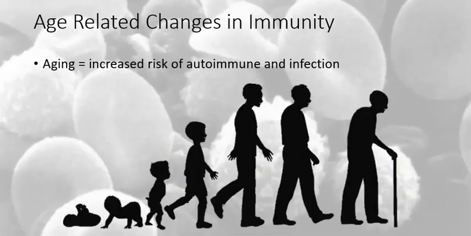Now let's talk about what happens with our immune system as we age. As we age, we are at an increased risk of autoimmune disease as well as infection. The normal flora of the skin, our GI tract, and our mucous membranes all change, and we have the potential for an overgrowth of more pathogens.